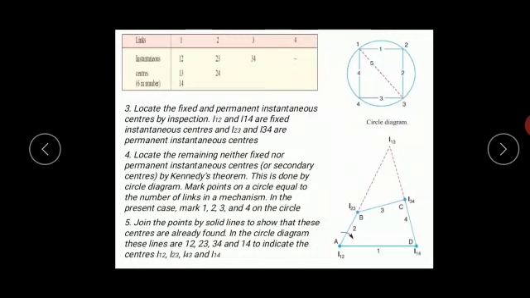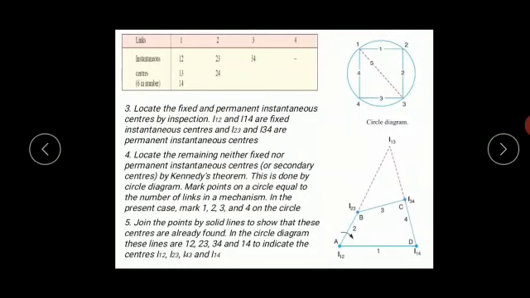With respect to the instantaneous center I13, we are required to locate it, wherever we have I12, I23, I34 and I14.